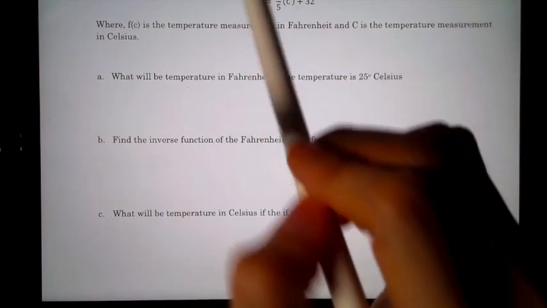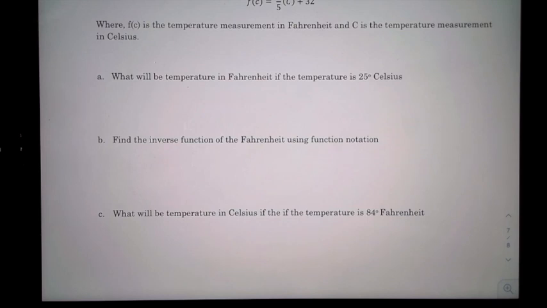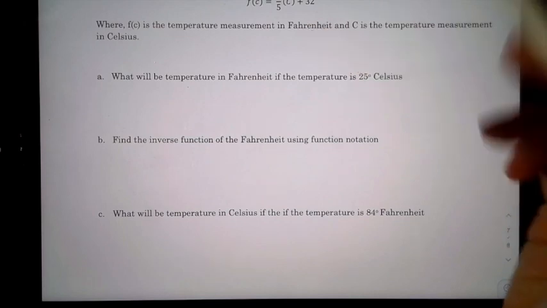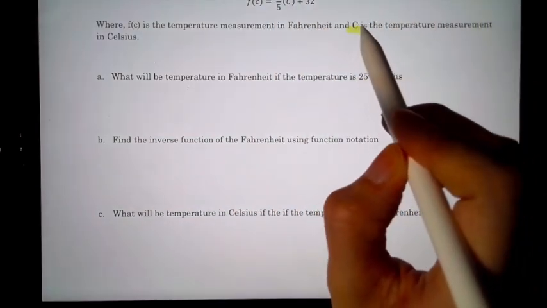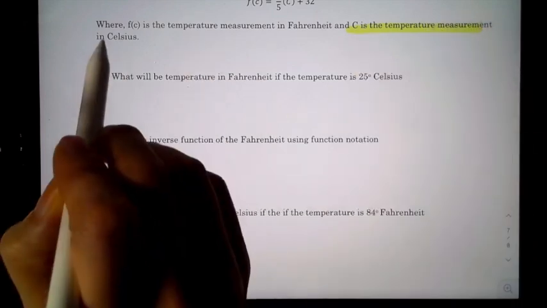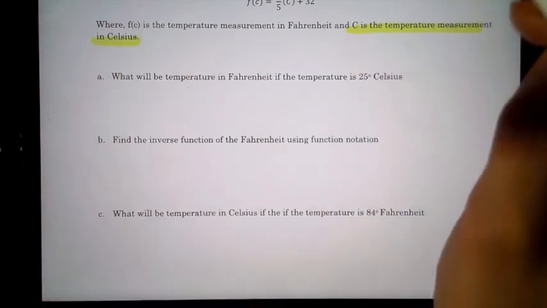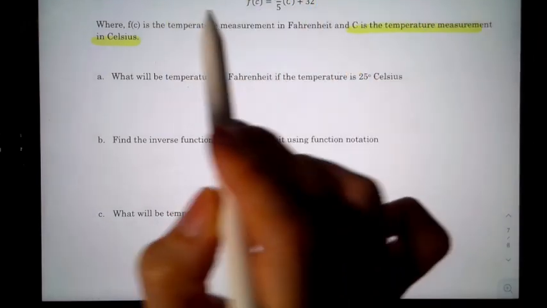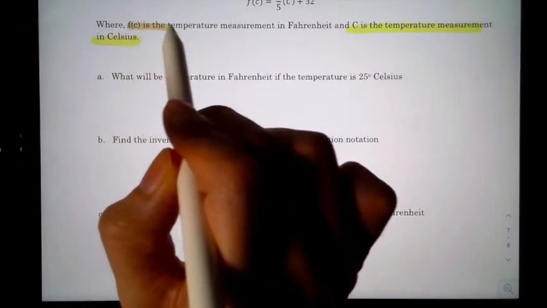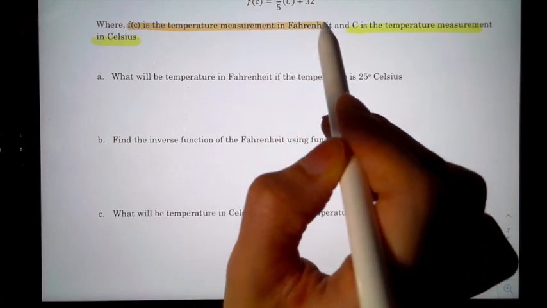So you know what, F and C make you confused? So let's just keep F and C. Normally in a word problem, C has meaning and F has meaning. In this case, C represents the temperature in Celsius, and F represents the temperature in Fahrenheit.